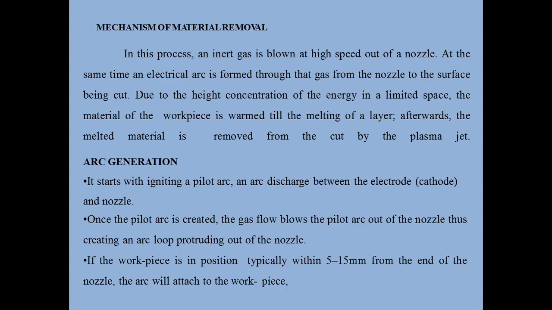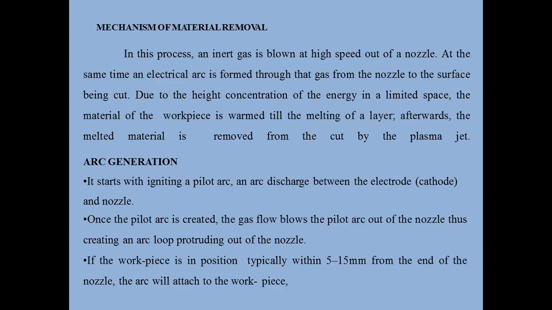So these are the two steps. One, arc generation with the help of electric power supply and gas supply, and this high intensity of plasma generated is going to be the arc. That arc is transferred over to the workpiece, and the material gets melted. Immediately, that melted material is carried away or removed by the plasma jet itself. This is how the material removal mechanism works in plasma arc machining.